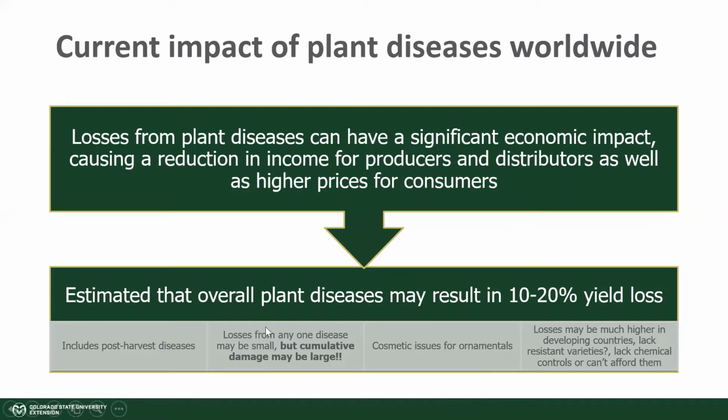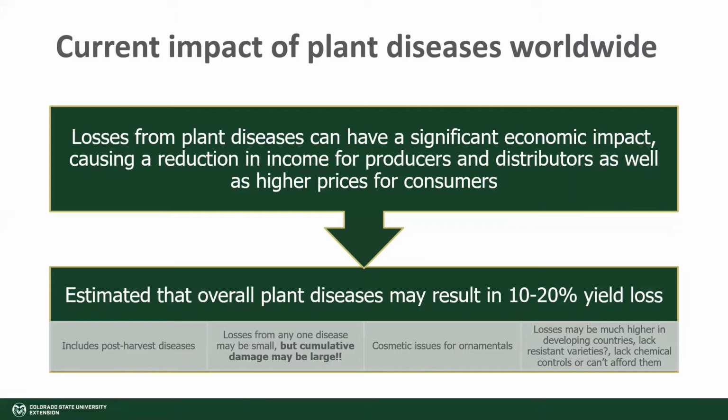This also includes post-harvest diseases, diseases where the cumulative damage might be large, and cosmetic issues for ornamentals. These losses do not account for developing countries that don't have resistant varieties or chemical control available, or can't afford them. Yield losses there could go as high as 50 to 60% in countries that don't have the right science to manage those diseases.